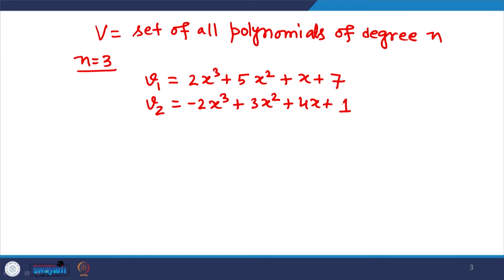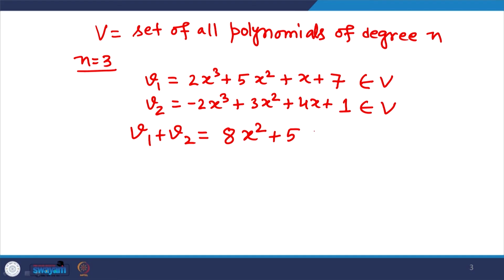So V1 and V2 are two polynomials of degree 3, each an element of V. Now, if I take V1 plus V2, it will become 8x square, because the x cube term will cancel, plus 5x plus 8, and it is a polynomial of degree 2.